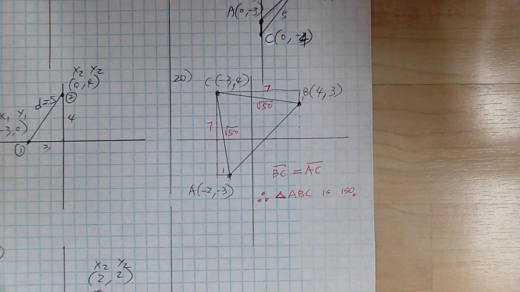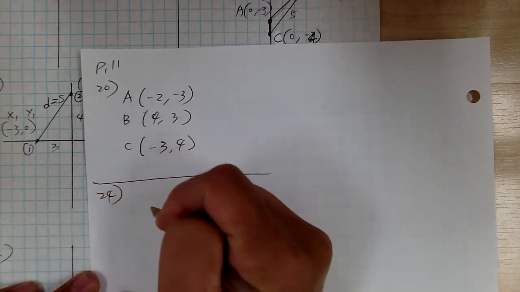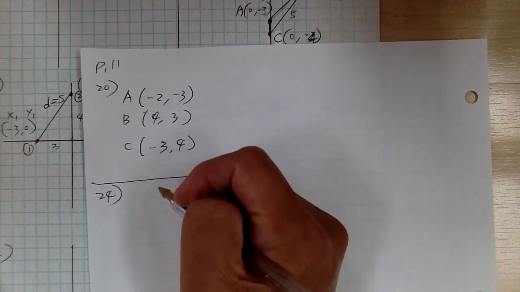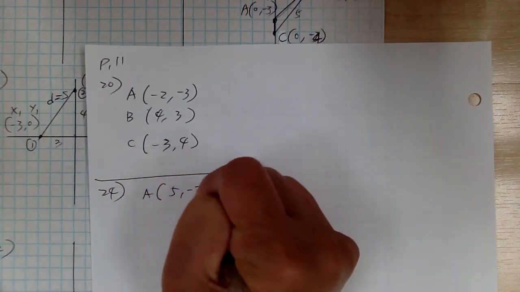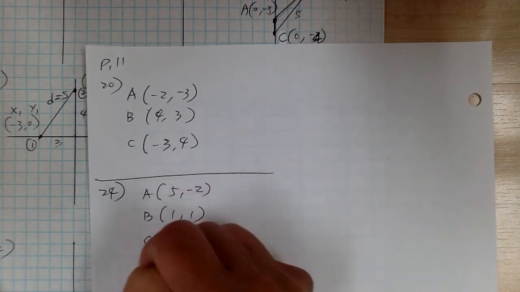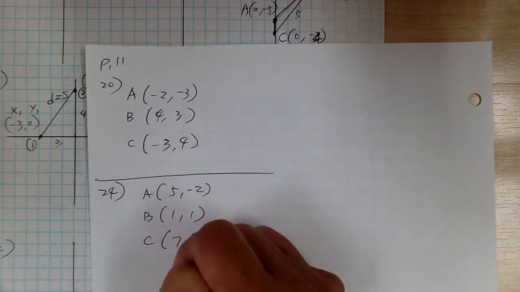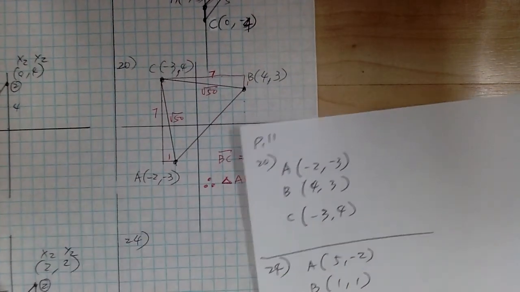Okay, let's go to number 24. Okay, so you got 3 points. So A is 5, -2. B is 1, 1. C is 7, 9. Okay, so you can plot the 3 points.